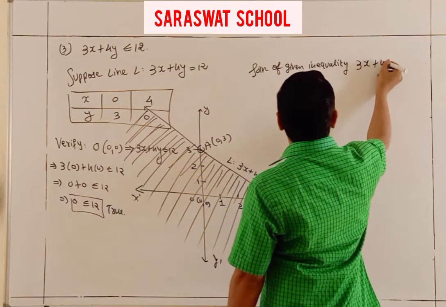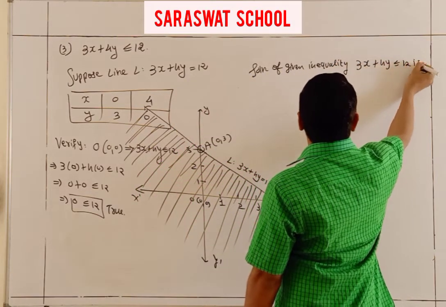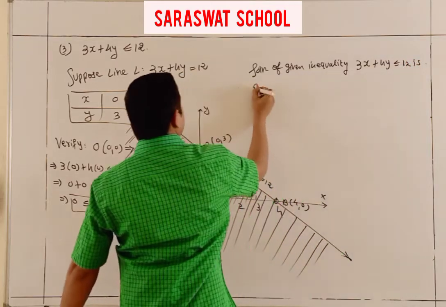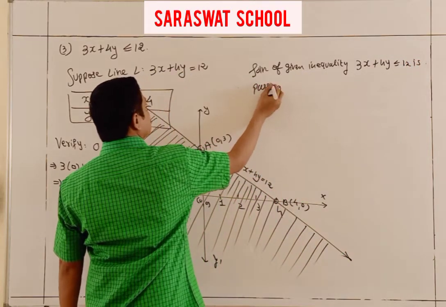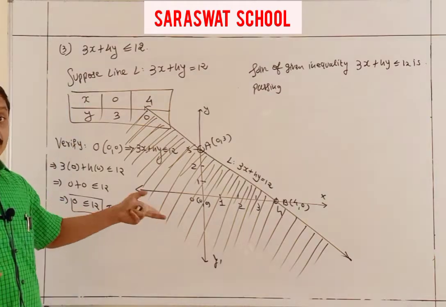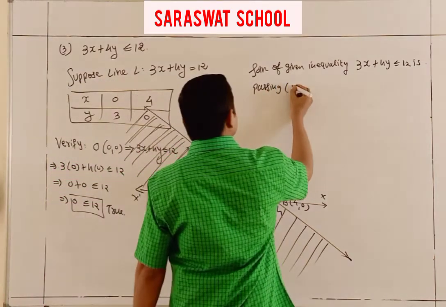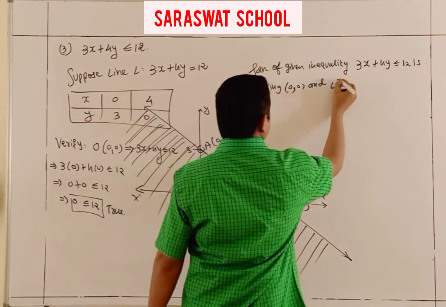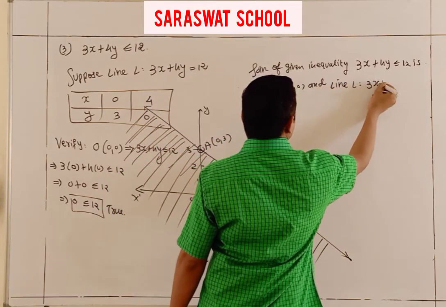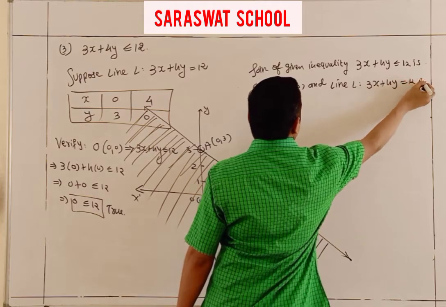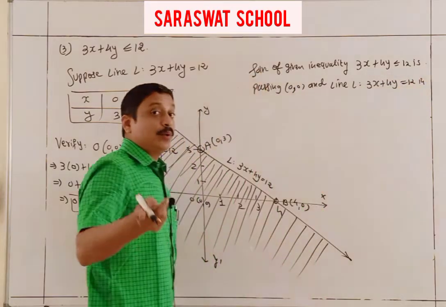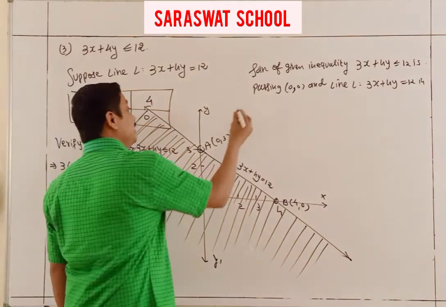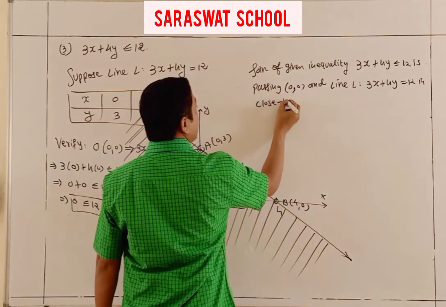My question is 3x plus 4y less than or equal to 12. First write down passing through: yes, definitely passing through 0, 0. Line L, 3x plus 4y equal to 12, in open or closed? Yes, in closed half plane.